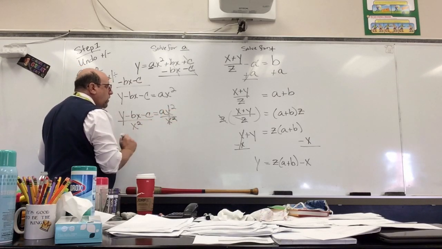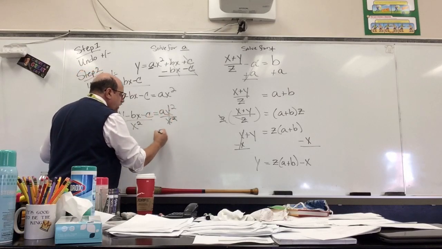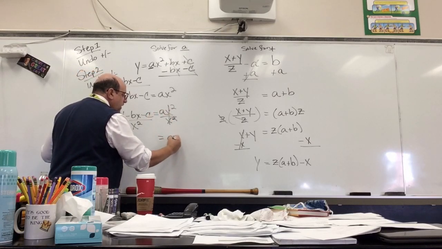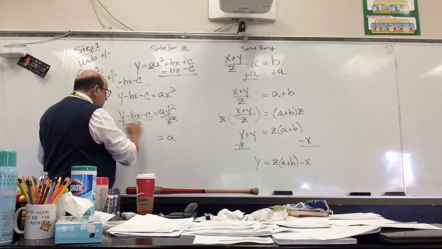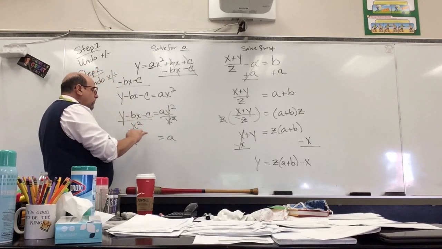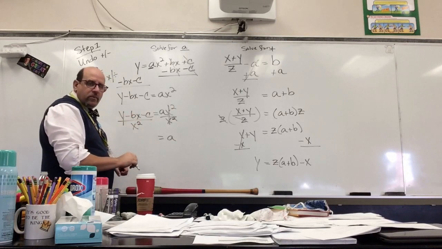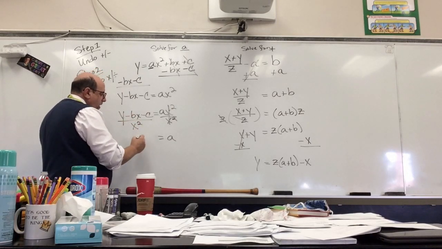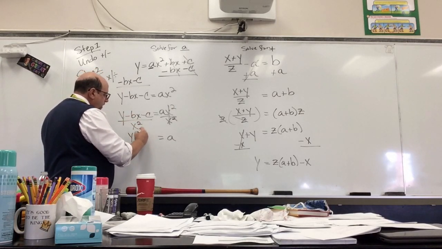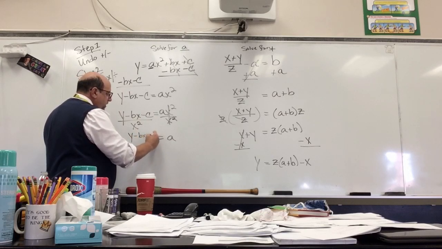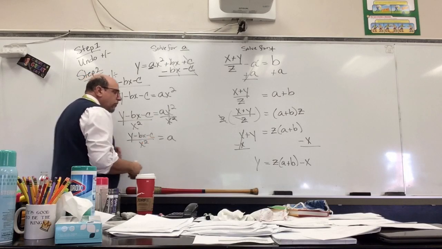This becomes a 1. So a times 1 is just a. And then this is it. We can't do anything else with it. We can't factor anything out. There are no real numbers to worry about here. This is it. So I've got y minus bx minus c all over x squared equals a.